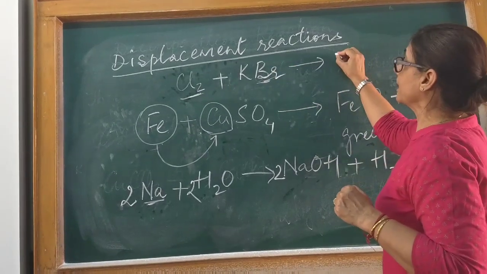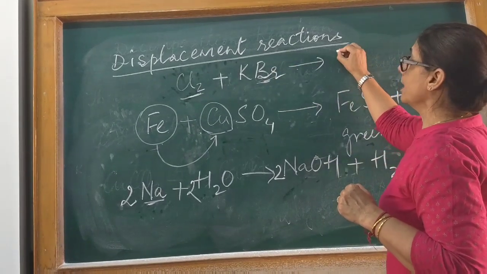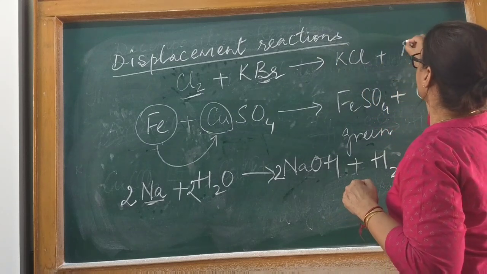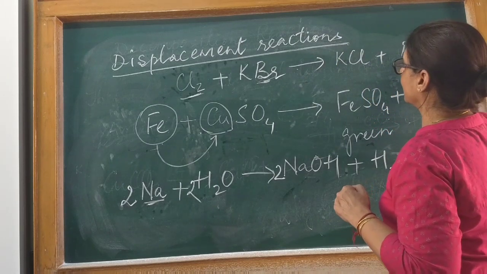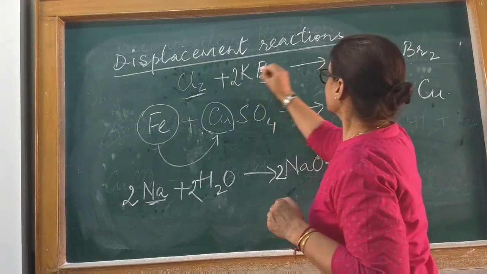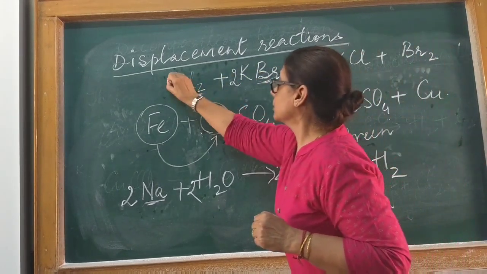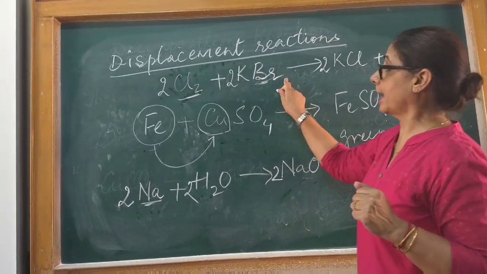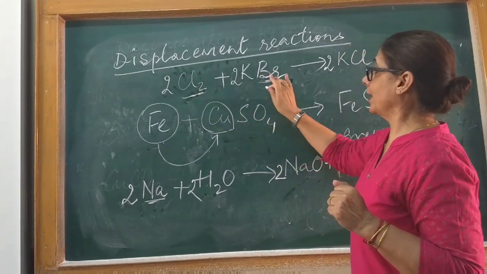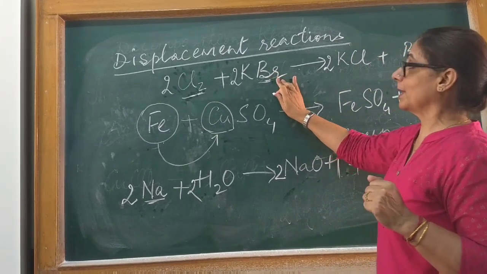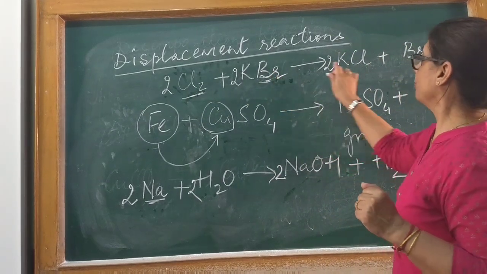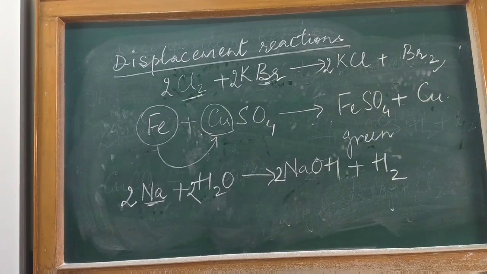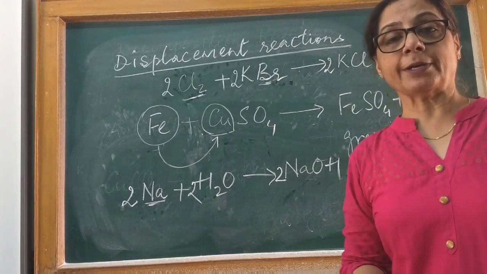It will take the place of bromine. It will form potassium chloride and bromine gas is given out. So this way the displacement of a non-metal is taking place. Chlorine is more reactive than bromine, will take the place of bromide, will form potassium chloride and bromine gas is given out. That's all about displacement reaction.